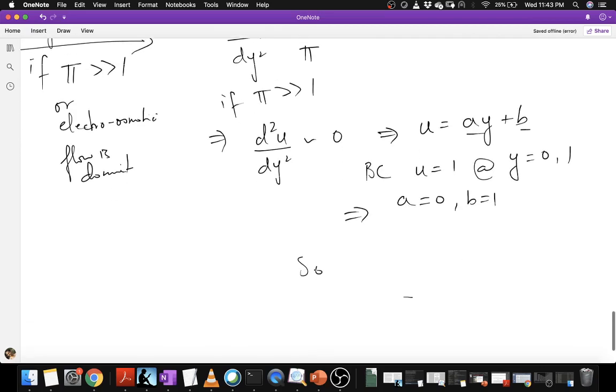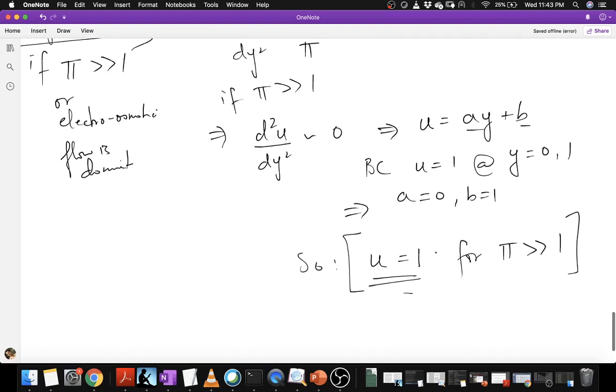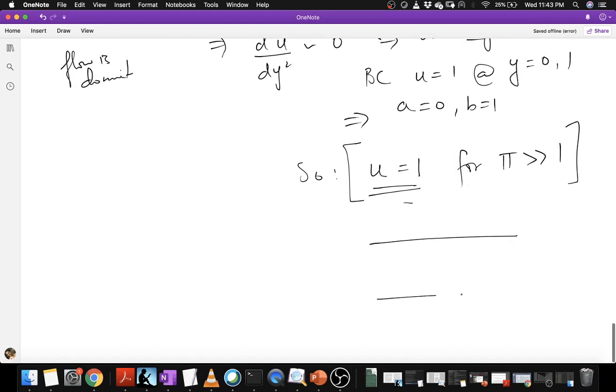And so I would get u equal to 1 as a solution for pi much greater than 1. Which basically means that my velocity profile, if it was electro-osmotic flow dominated, would just be a flat line.